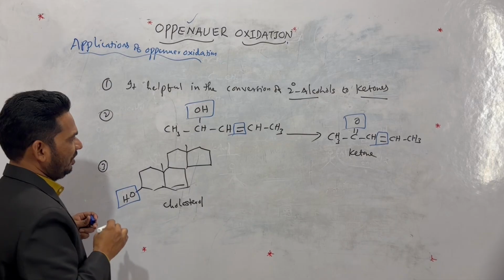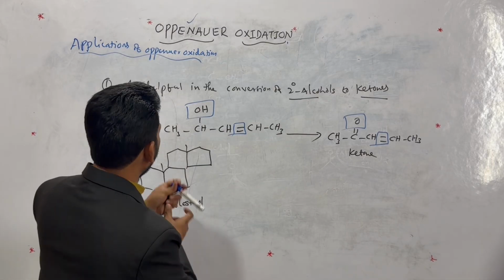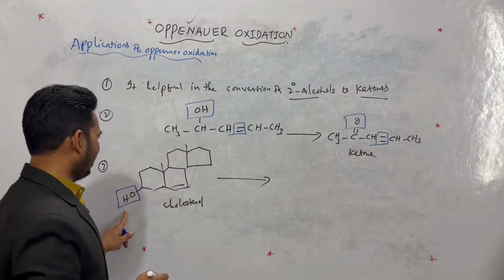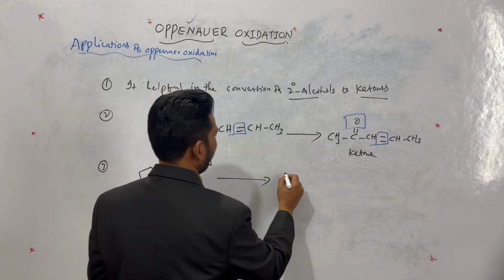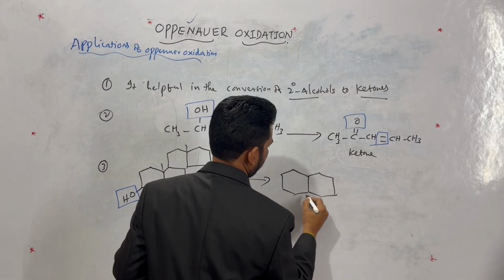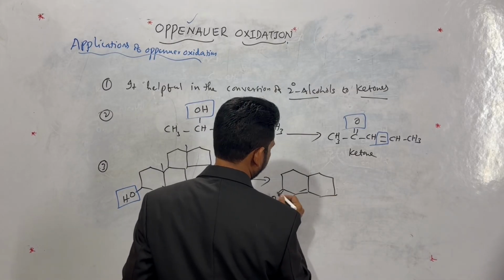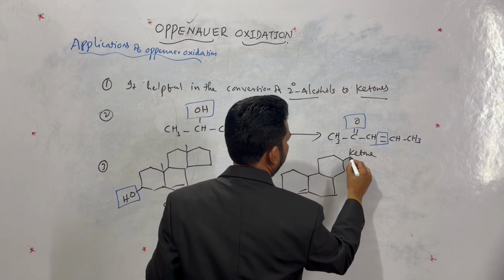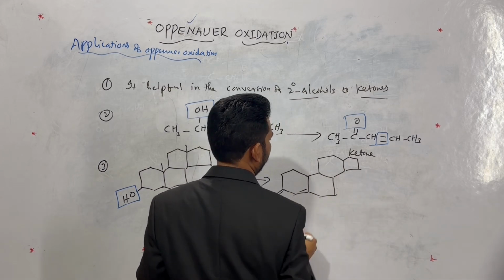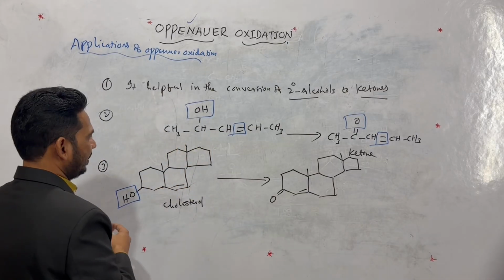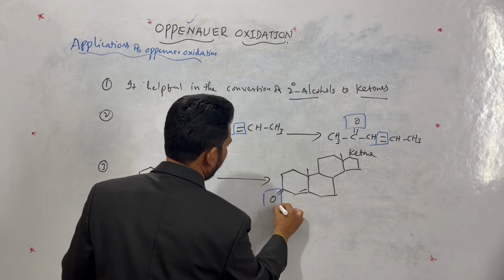See, with the help of Oppenauer oxidation, this alcoholic group is converted to the ketonic group.